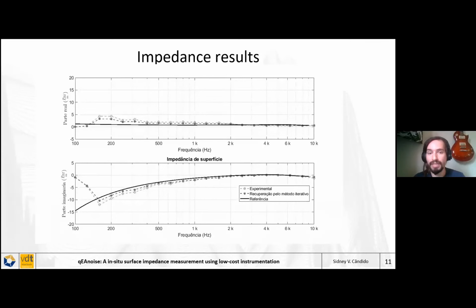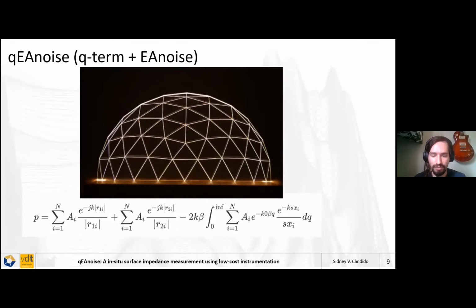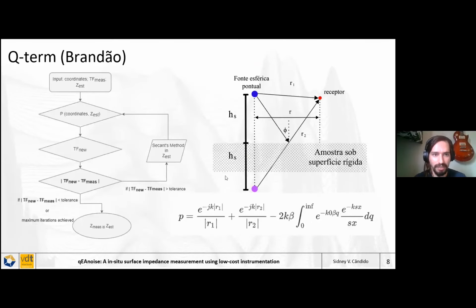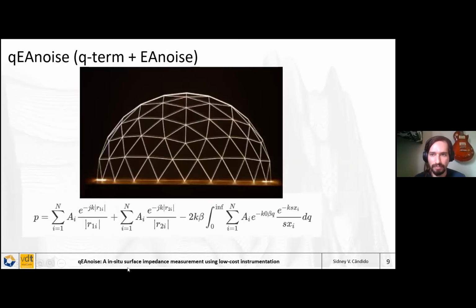And some results. What I've done was to adapt this equation for the reverberant field, for the diffusive field. So in this algorithm, what I adapted was this step. In this estimate, I use EAnoise, and in this step, I use this equation.